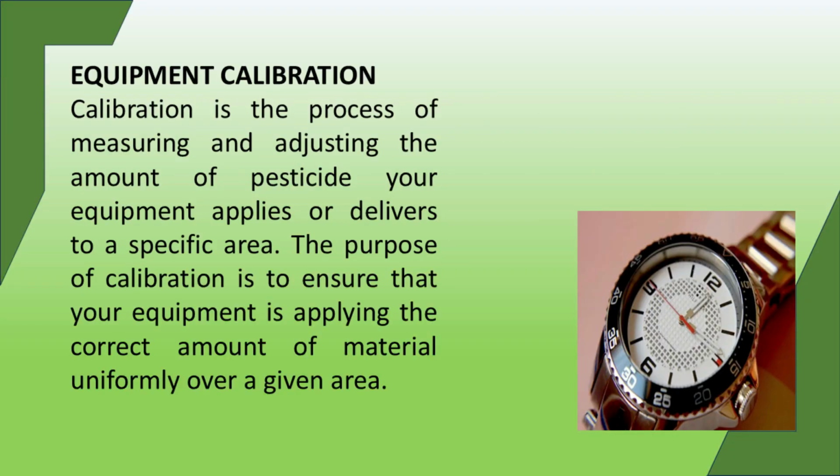Let's talk about that equipment calibration. Calibration is the process of measuring and adjusting the amount of pesticide your equipment applies or delivers to a specific area. The purpose of calibration is to ensure that your equipment is applying the correct amount of material uniformly over a given area.